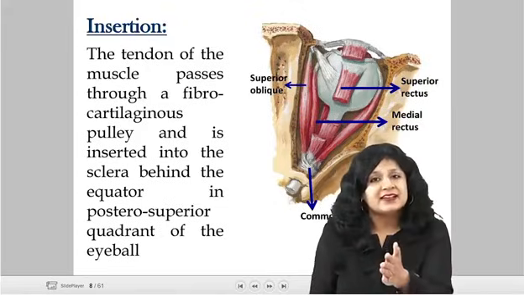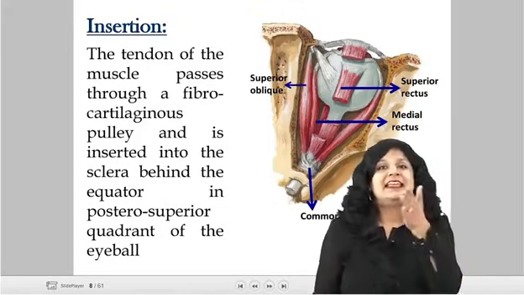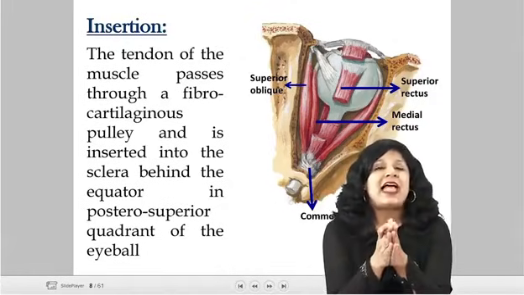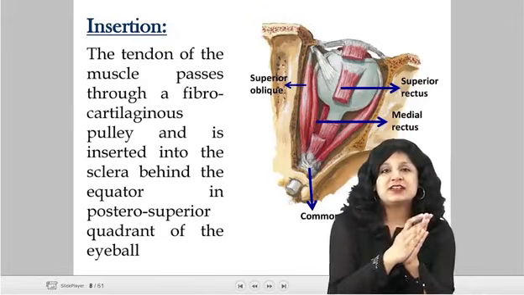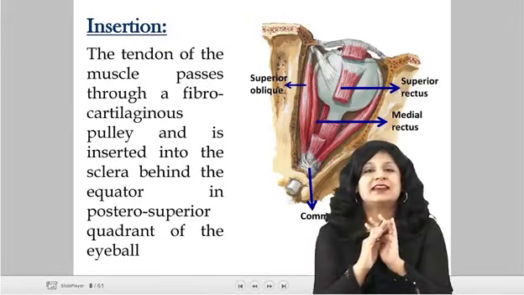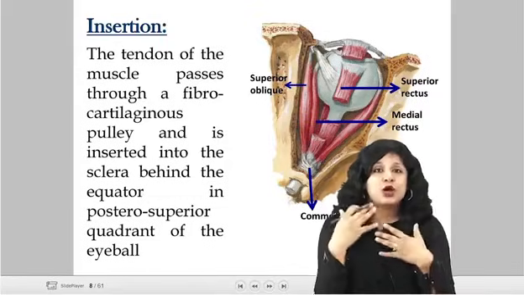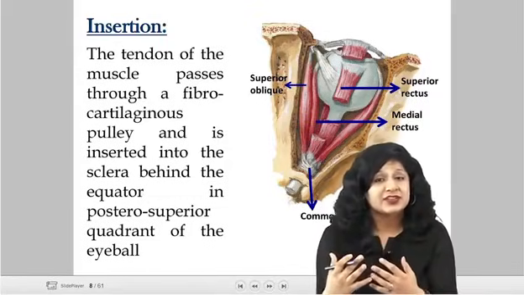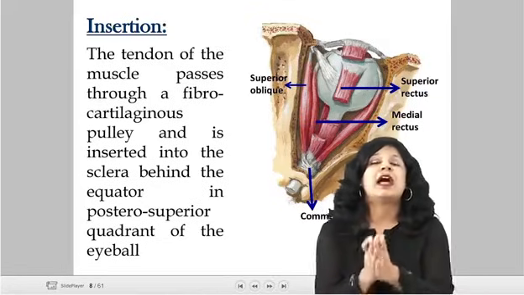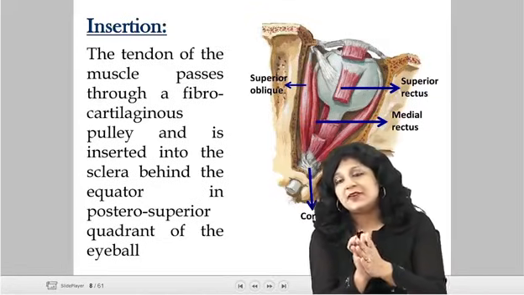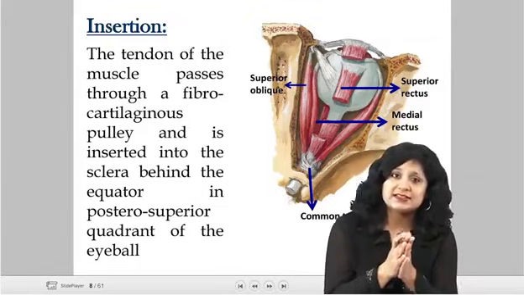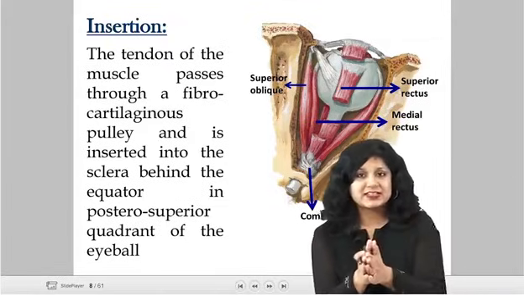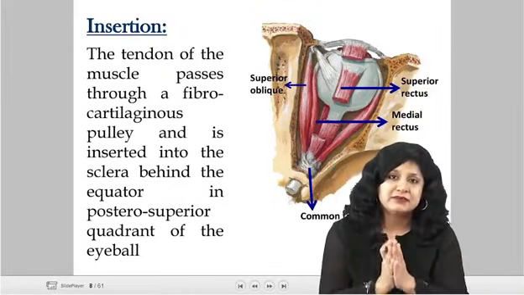So medial rectus just medially, lateral rectus just laterally, and therefore their actions are just adduction and abduction, nothing else. So when I am talking about the secondary actions and the tertiary actions, always remember I am not talking about the medial rectus and the lateral rectus. What I am talking about is the superior rectus, inferior rectus, superior oblique and inferior oblique.